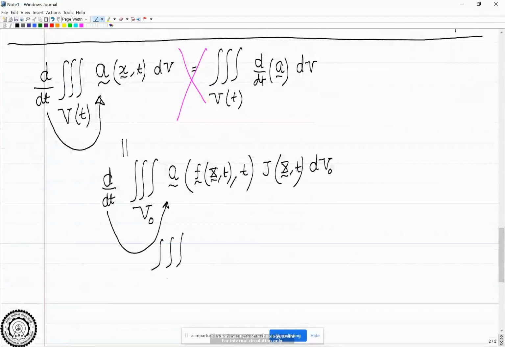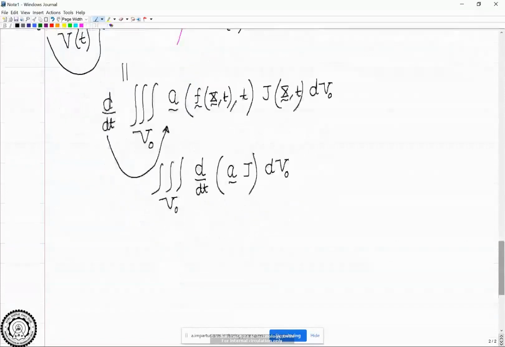So this becomes integration over V naught of d by dt of A into J dV naught. Is that okay with all of you? And this then becomes, you have to use the product rule now, right?